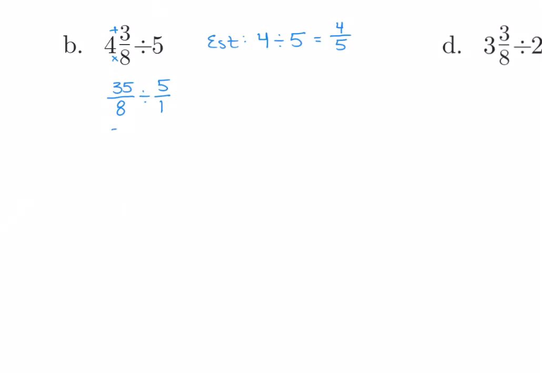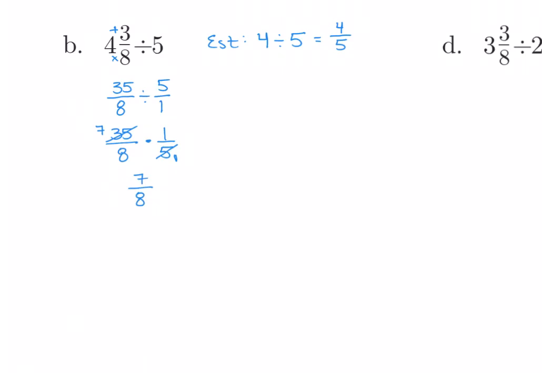All right, we copy dot flip, so we get 35 over 8 dot flip my 5 over 1 to make it 1 over 5. We can cancel. 35 and 5 are both divisible by 5, so we get 7 and 1. And if we multiply straight across, we get 7 over 8.